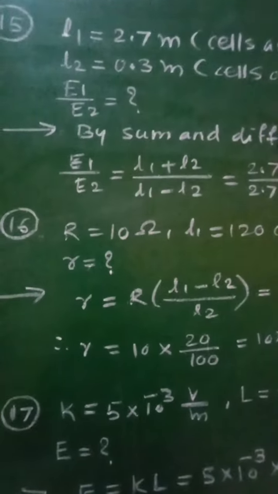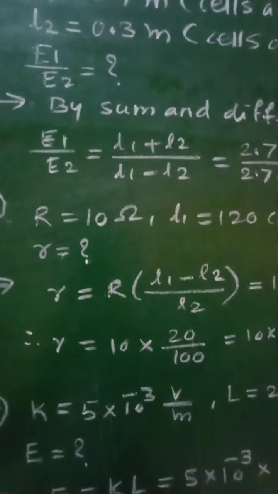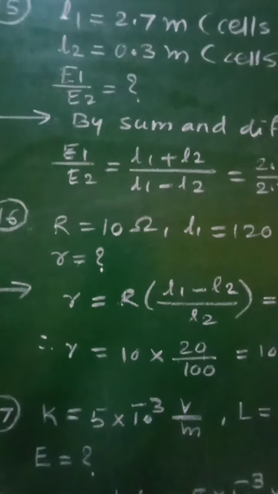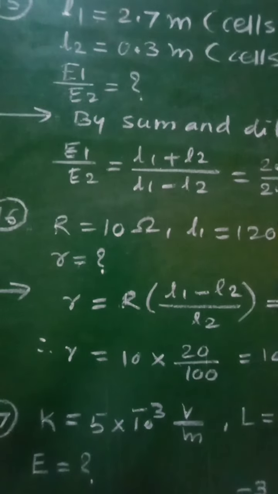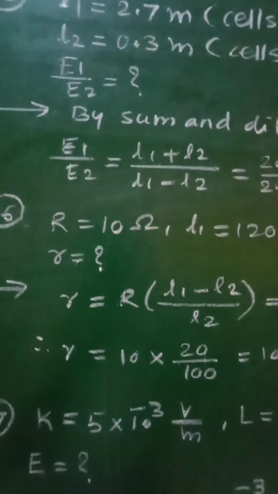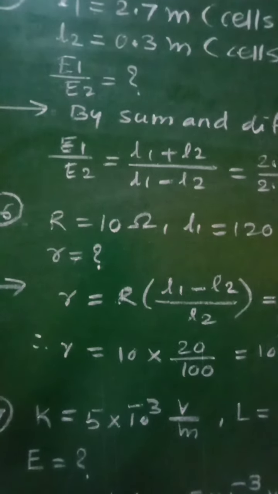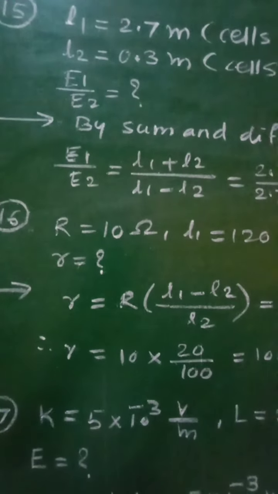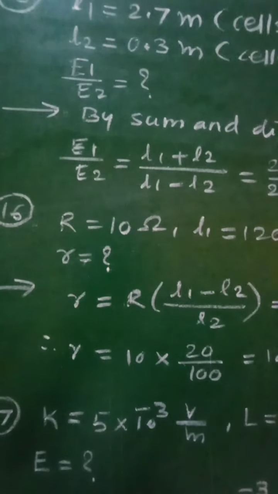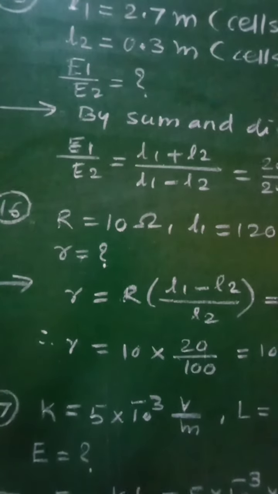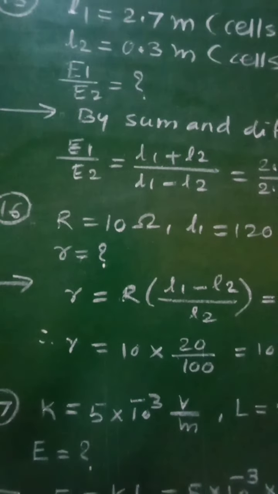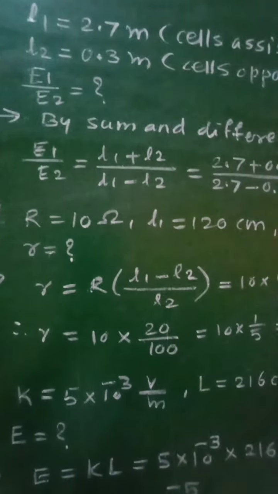Then we will go for numerical number 16, which is given as: the EMF of a cell is balanced by a length of 120 cm of potentiometer wire. When the cell is shunted by a resistance of 10 ohm, the balancing length is reduced by 20 cm. Then find the internal resistance of the cell.